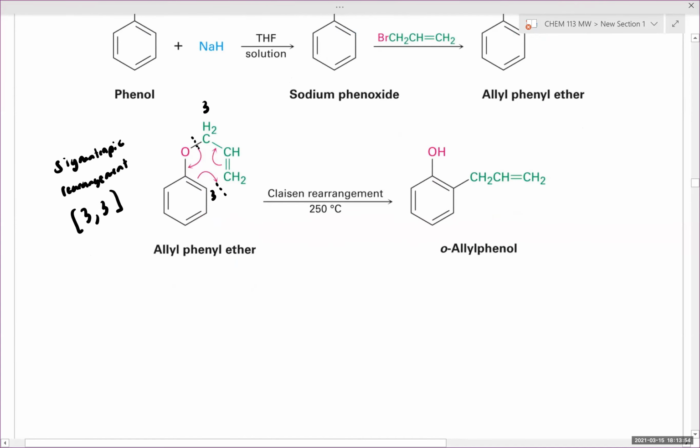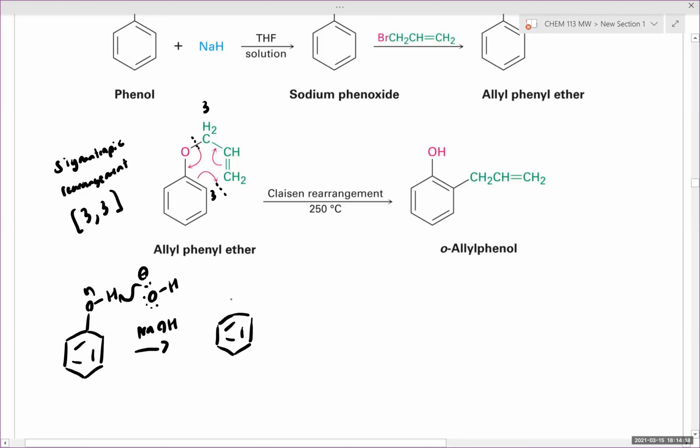To unpack the mechanism a little bit for this sequence, suppose that you start with a phenol. We treat it with sodium hydride. Let's use sodium hydroxide just so that we can draw out the arrow pushing mechanism for this deprotonation step. We generate our phenoxide anion.